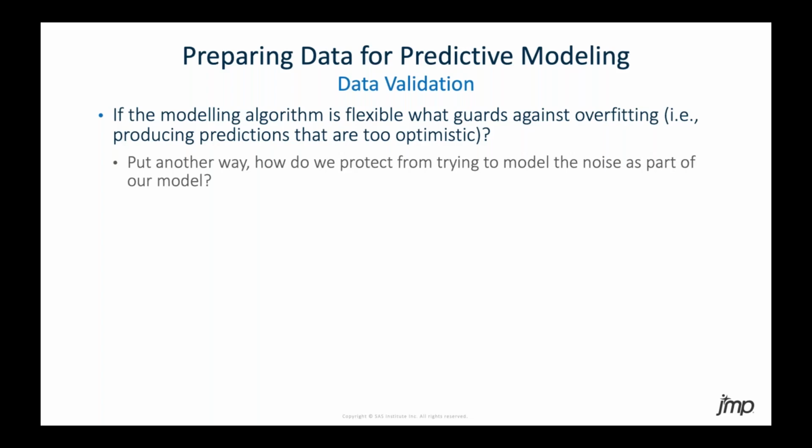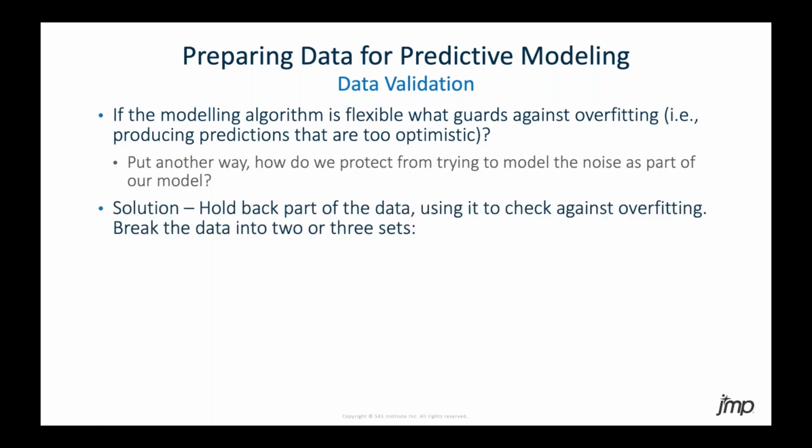What I'm attempting to do is create structure where there is none, or model noise. So what's to keep me from doing that? There are techniques, neural networks being one of them, that are so flexible that without any safeguards, I can fit a perfect model. However, it's not extendable to new data, and that's what I'm trying to guard against.